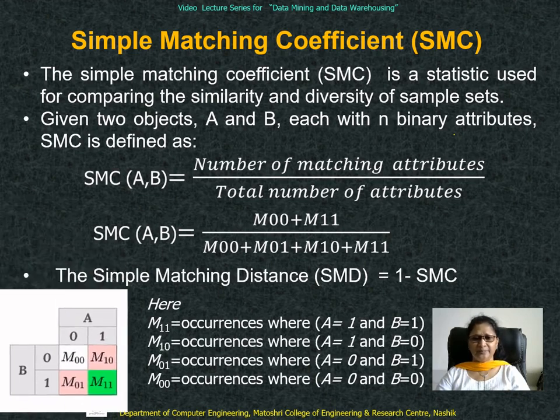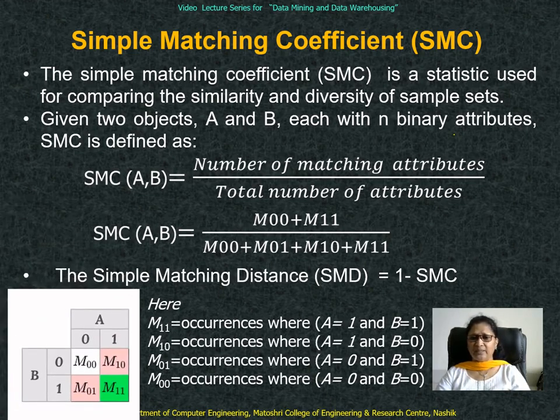What are these? Recollect the contingency table which we used earlier. This is a similar contingency table for 2 objects B and A, except there we were writing the first column with 1 and then 0. Here we are naming it 0, 1.